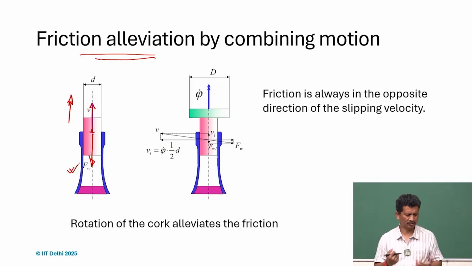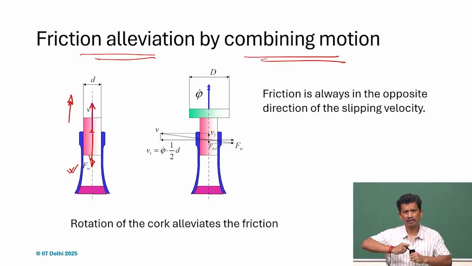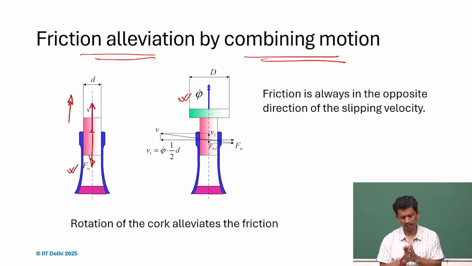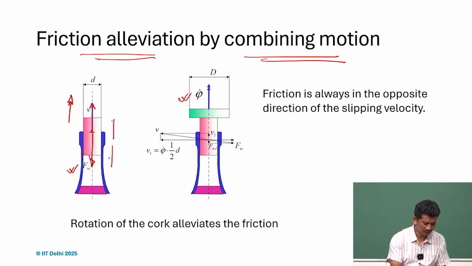So the strategy many times is that we combine the motion: we twist it and then pull it. By twisting, we are also imparting a rotation motion. And what friction sees is the intended motion. In the first case, it's purely in this direction, so the force was in the downward direction.